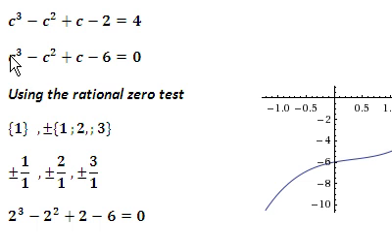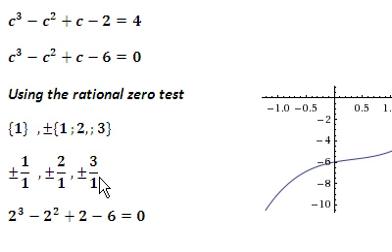And the rational zero test is you just take the coefficient in front of c, which is 1, and then you look at all the factors of 6, which is 1 goes into 6, 2 goes into 6, and 3 goes into 6, and then it's plus or minus. And then you look at all their combinations. So 1 over 1, this 1 is this one right here, and that 1 goes down here. And 2 over 1, 3 over 1, they're all plus or minus.